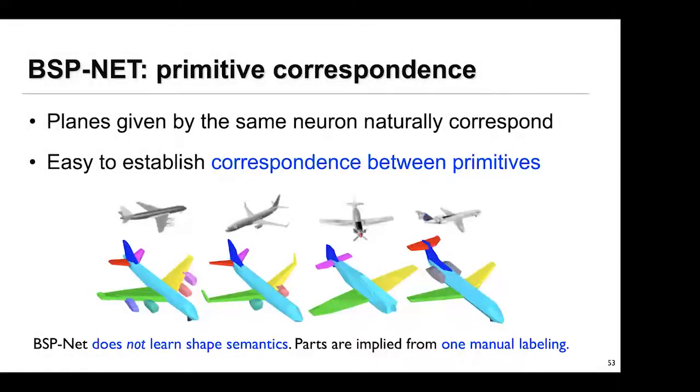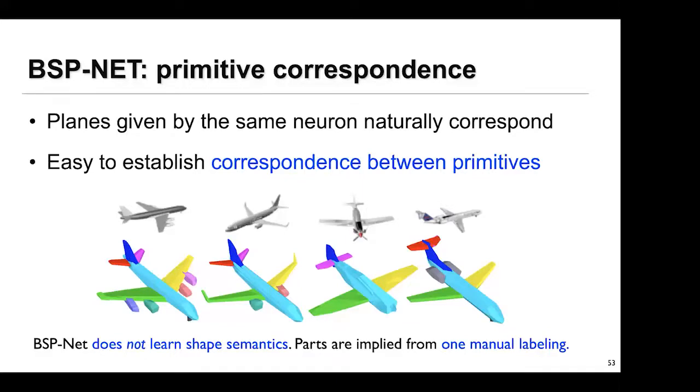Furthermore, these planes given by the neurons in the first layer can be used easily to establish correspondence between the different shapes generated. So here you see, in fact, the BSP-Net can be adapted to produce structured single view reconstruction. The top are input images, and at the bottom you have the results.